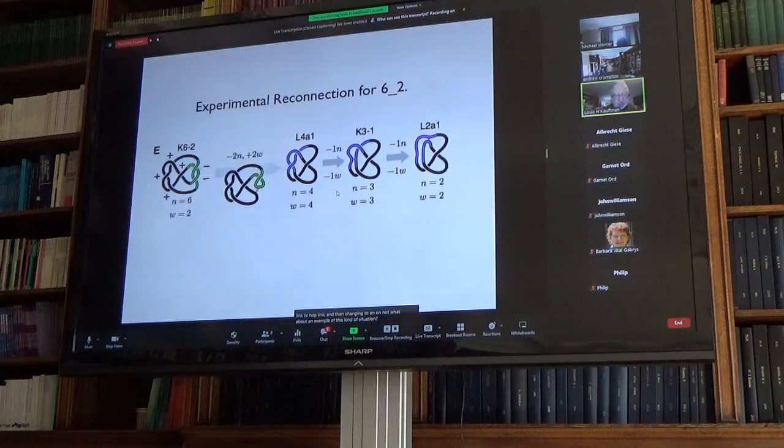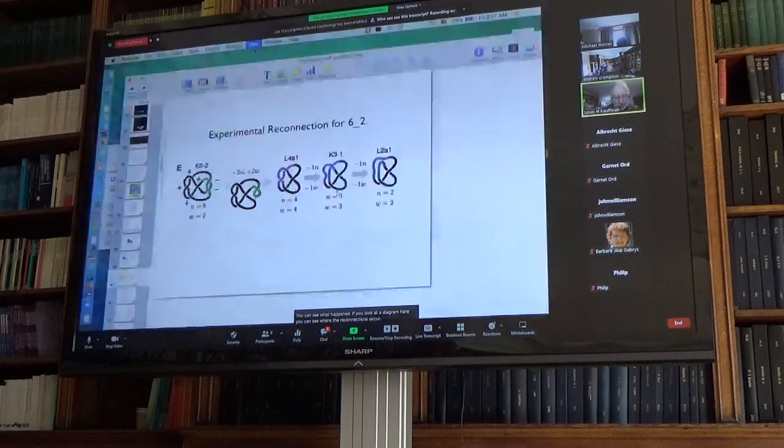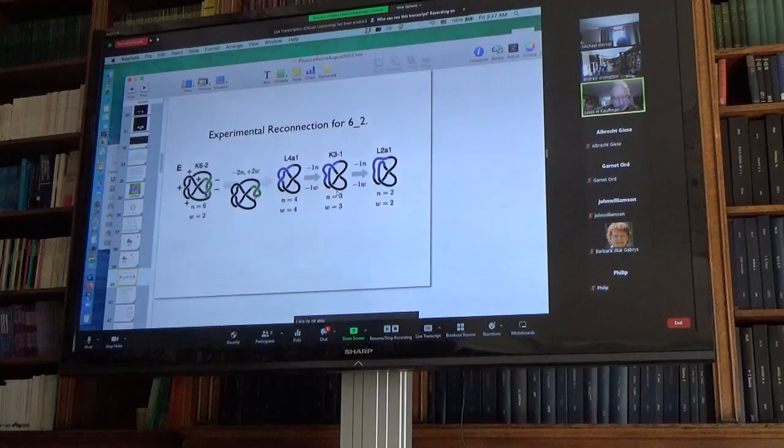You can see what happened if you look at a diagram here. You can see where the reconnections occurred. I like to be able to point. There a reconnection occurred here and that resulted in a link. And then another reconnection occurred and we ended up with a trefoil knot, a reconnection here.